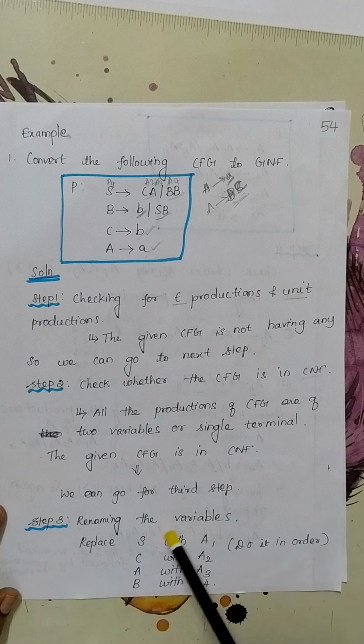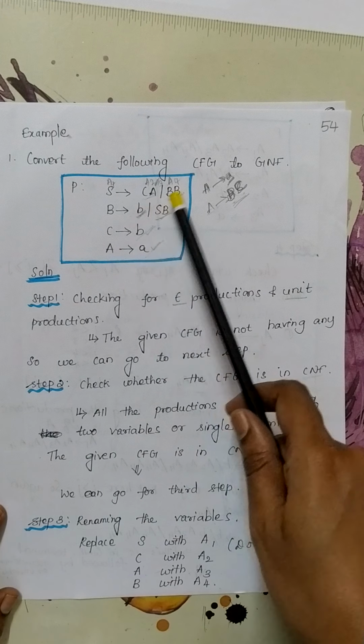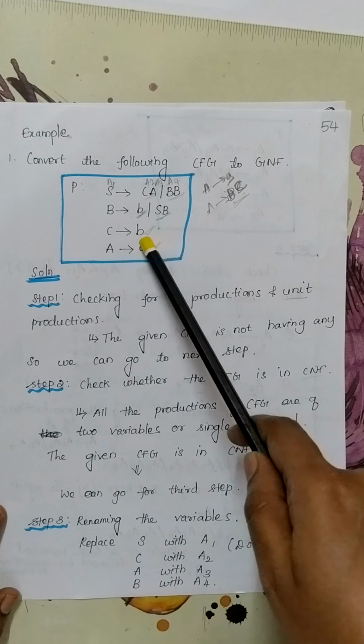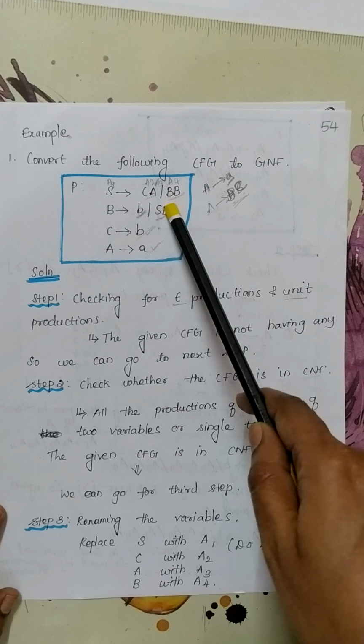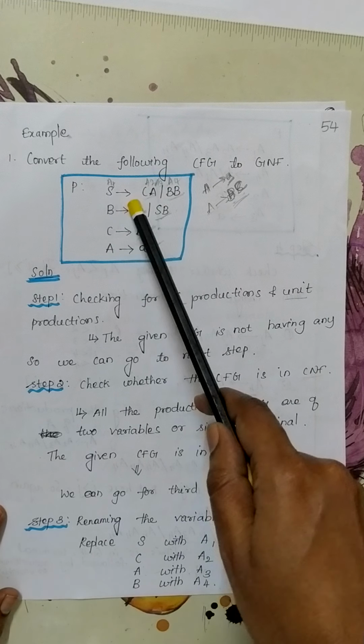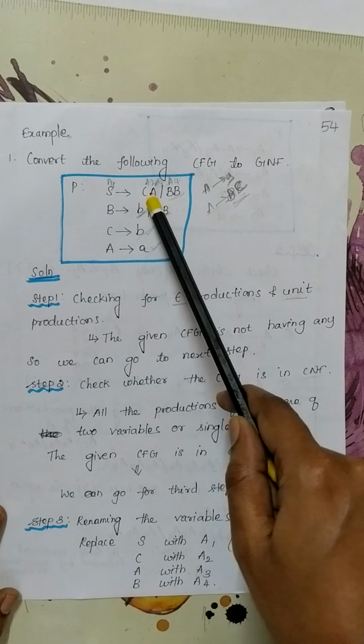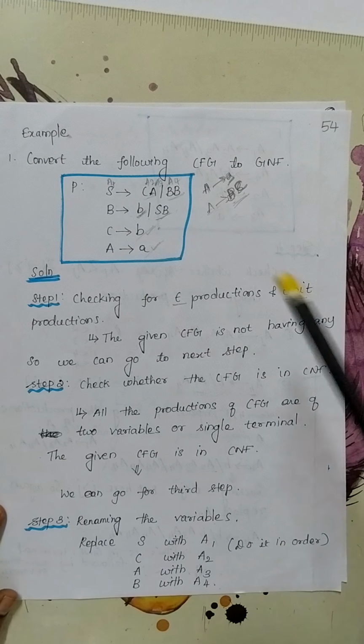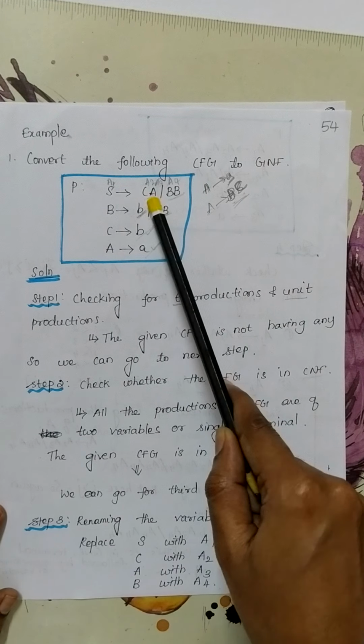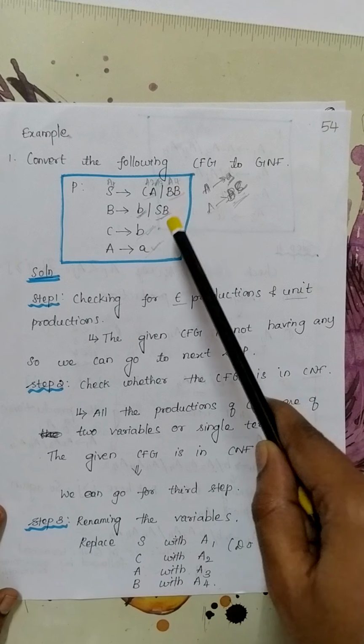The third step is renaming the variables. Whatever variables are given in the grammar, we have to rename them. What are the variables in our grammar? S, C, A, B. These are the four variables. We have to rename them in order.